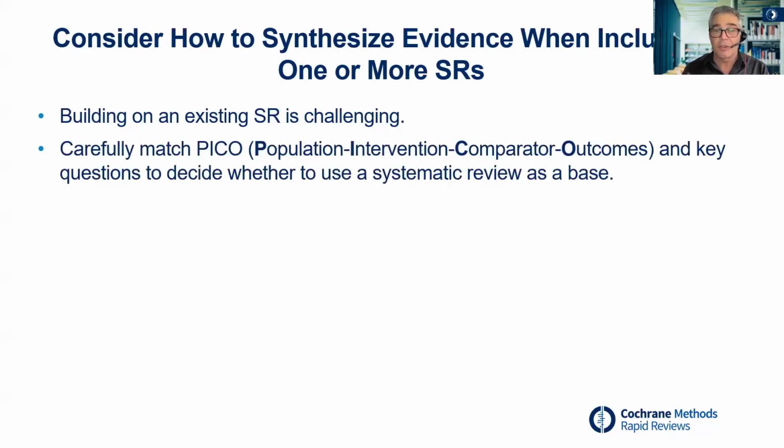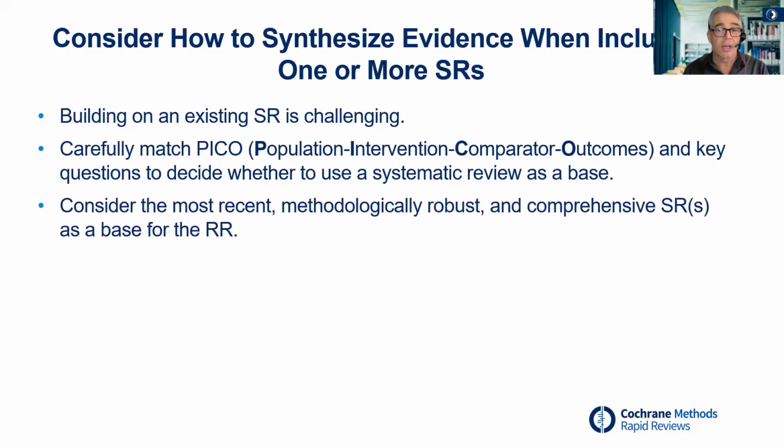However, if you consider a systematic review as the base for your rapid review, always make sure to carefully match the PICOs and the key questions to decide whether a systematic review can be used as a base for your rapid review.